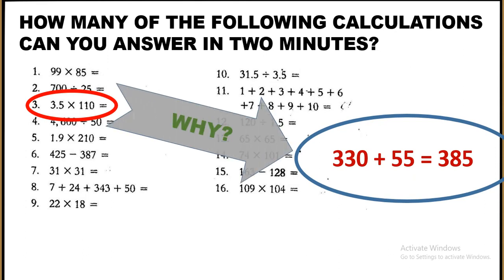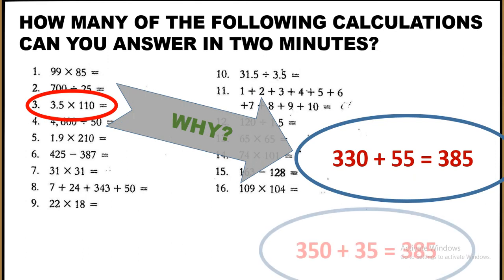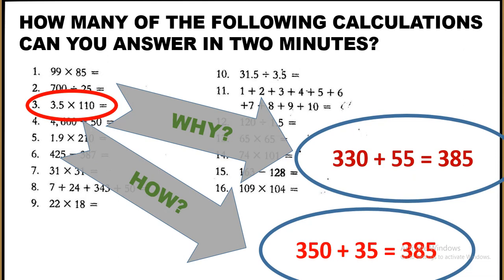But why can the expression be changed like this? And one more, we can transfer 3.5 times 110 into 350 plus 35. How can we change it?